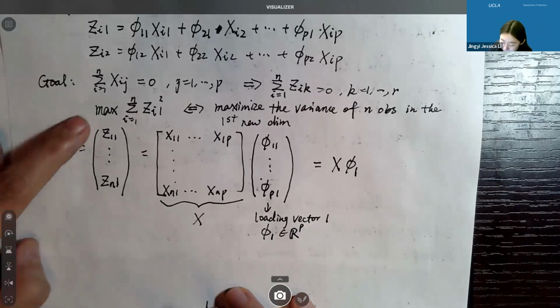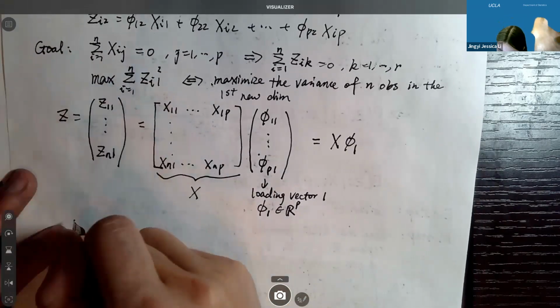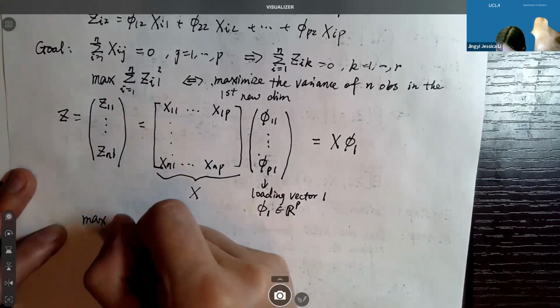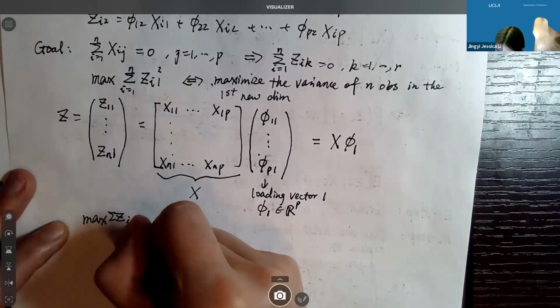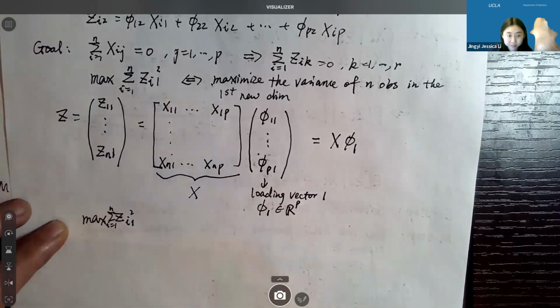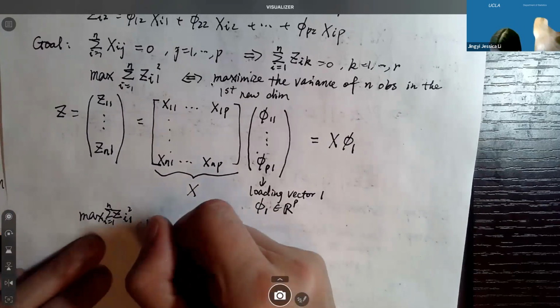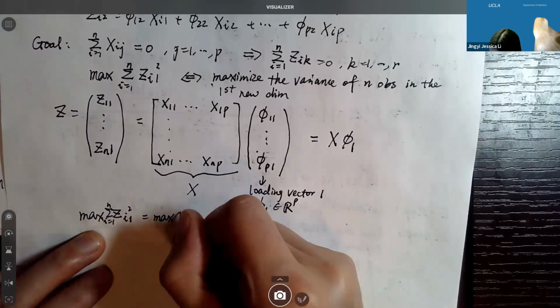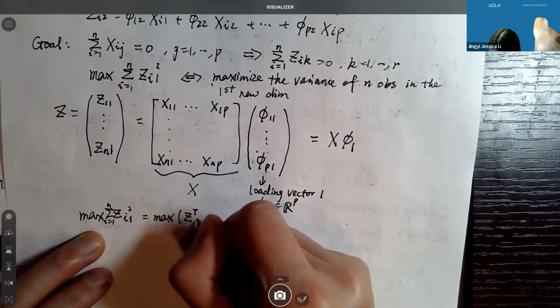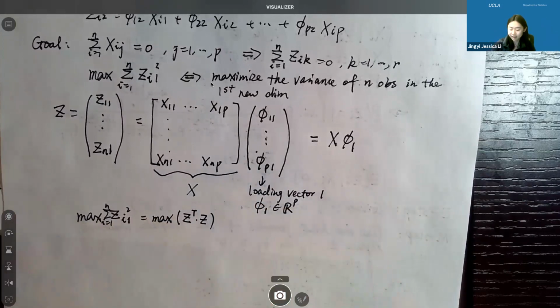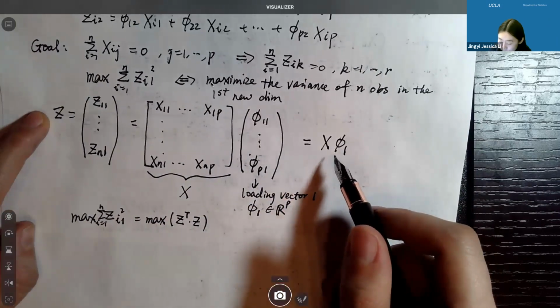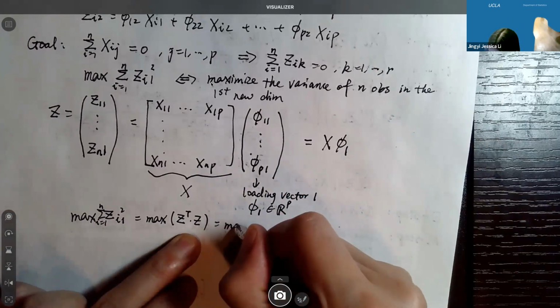Now the objective. Previously we wrote it as the max of the sum of zi1 squared, i from 1 to n. Now this can be written as the inner product of z with itself. So this is basically max z transpose times z, which gives the sum. Now I put z equals x times phi 1 back in.